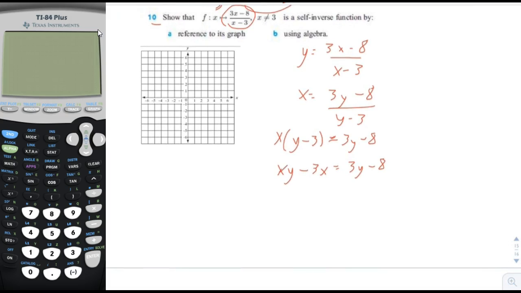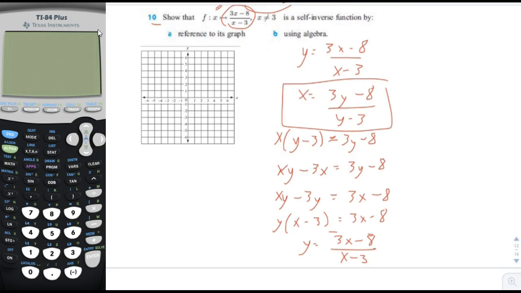And then we're going to combine the y terms. xy minus 3y equals 3x minus 8. And then we're going to factor out the y, and then divide both sides by x minus 3. And what do you know? We got the same thing back. So it's also a self-inverse function.